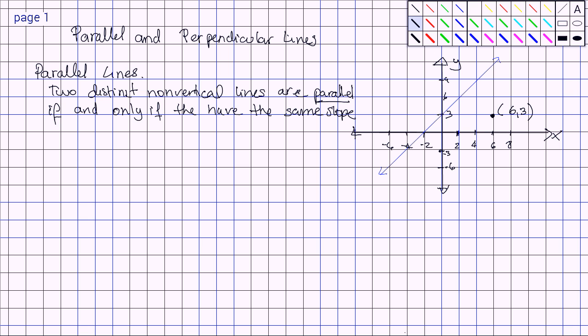At some point they will intersect if the slope is not the same. So let's have an example. On the right-hand side, I already drew a line, and we'll say that this line is in standard form.